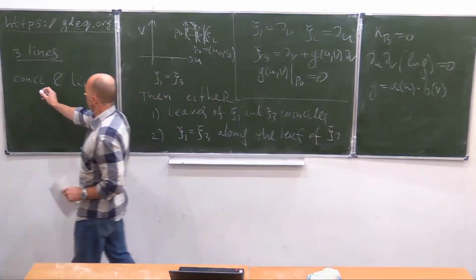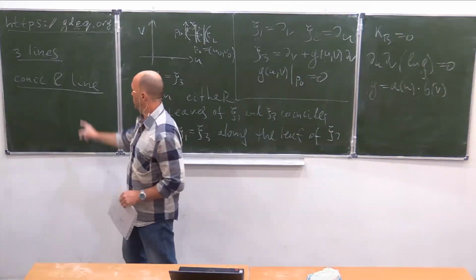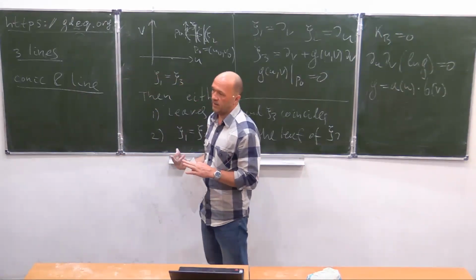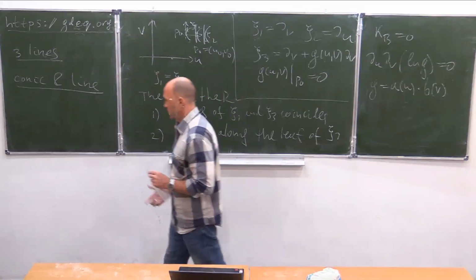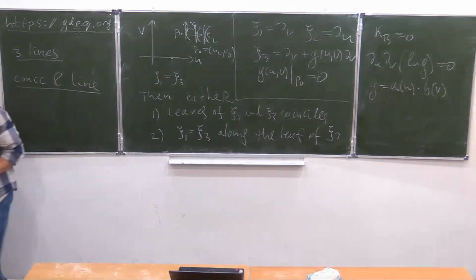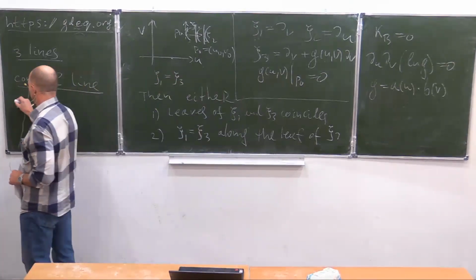So there can be a conic and a line, right? This conic and line can be coplanar, or the line can intersect the plane of the conic. What else can there be? Well, there is a twisted cubic, right?